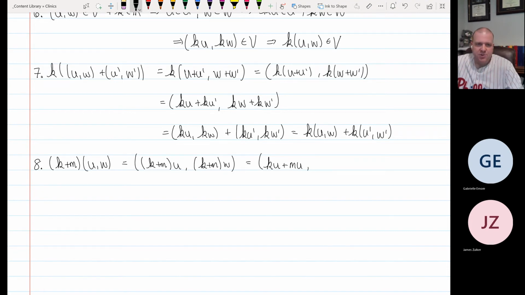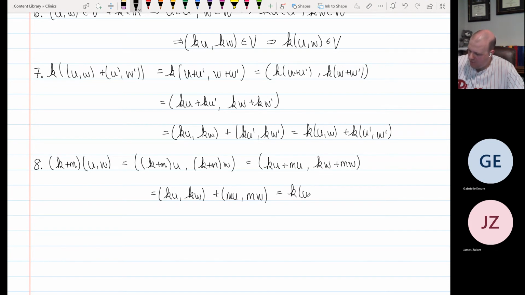But W is a vector space, so the second component distributes. Well, that would be the definition of this, right? KU, KW plus MU, MW, right? Which is the definition of K times U, W plus M times U, W, which is what we wanted, right? So this axiom is satisfied.